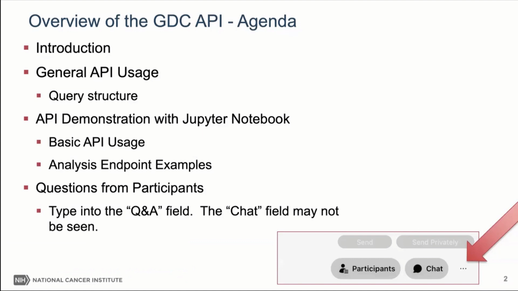This one's going to be more focused on some of the analysis endpoints, but if you'd like to know a lot of the basics, I would recommend checking out the one from, I believe it was April 2021. In addition to the general API usage, we're then going to go into what most of the presentation is going to be, which is the API demonstration with a Jupyter Notebook. This is going to go over some basic API usage as well as some examples from the analysis endpoints.